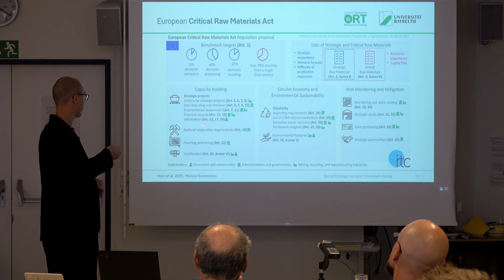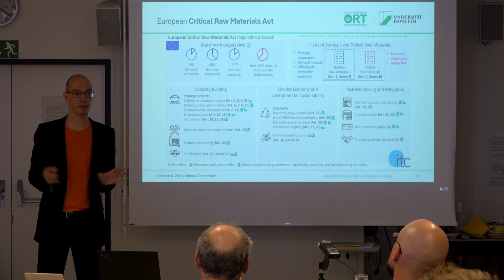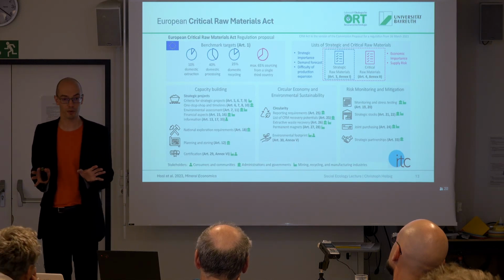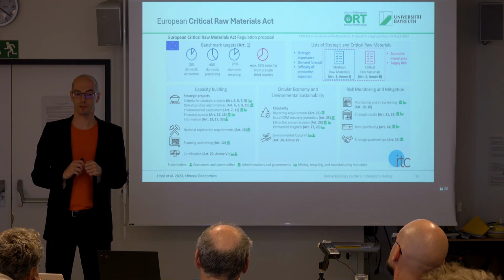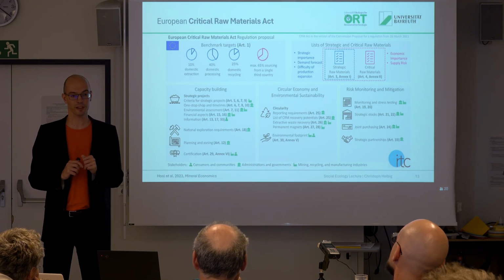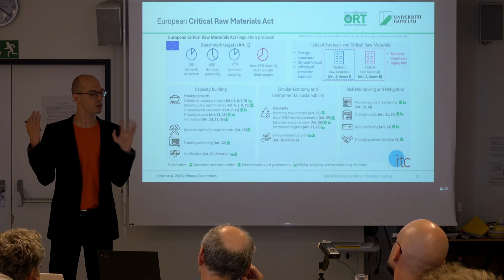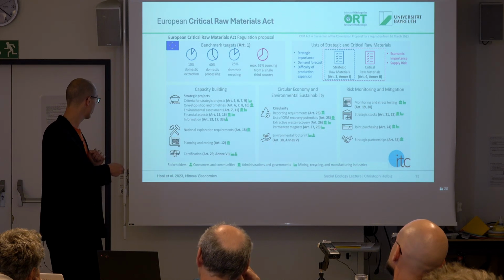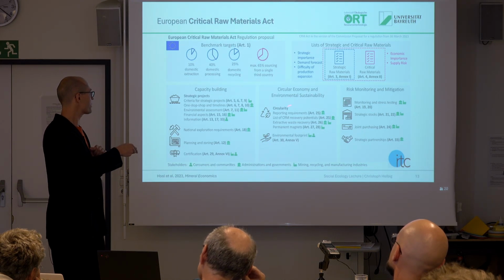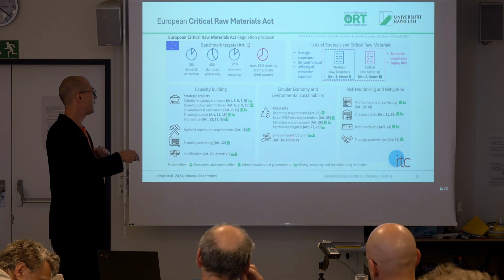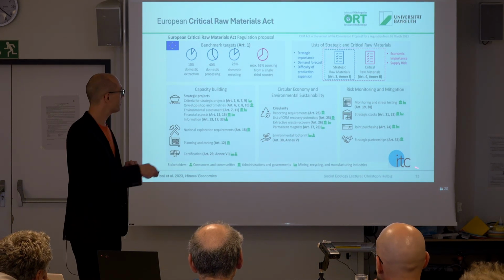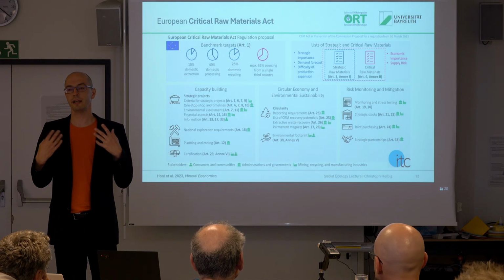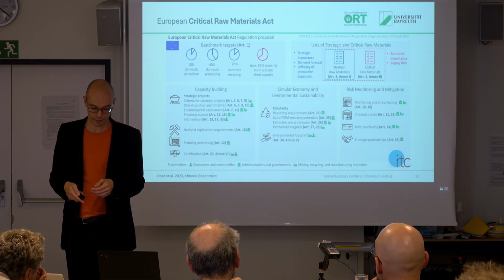I was expecting that this whole idea would fail for the strategic projects and that member states would be much more reluctant, that the EU actually dictates how permitting processes work in member states, but apparently it was not an issue. Or maybe I got it wrong in the beginning. And there's some information on circularity and actually also environmental footprint. I will not talk about that. And then there's a lot of risk monitoring and strategic partnerships and that kind of thing.